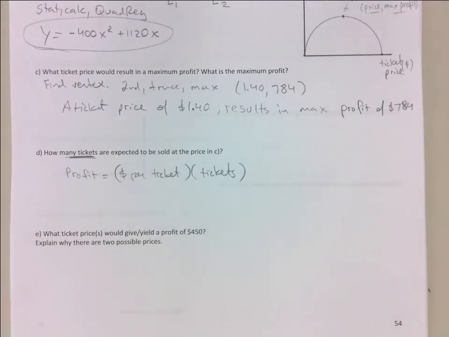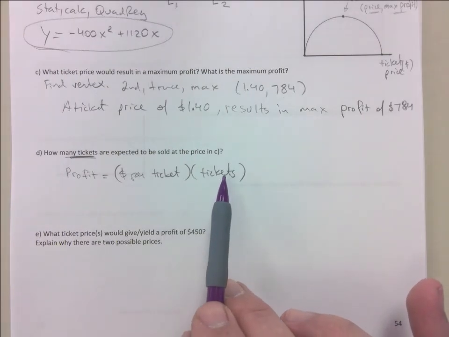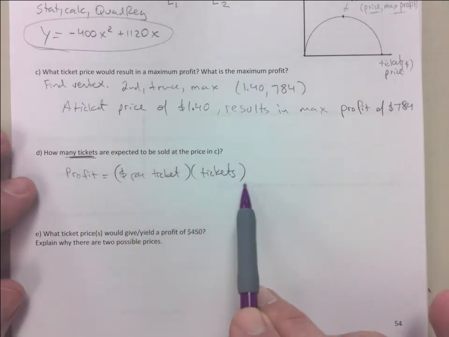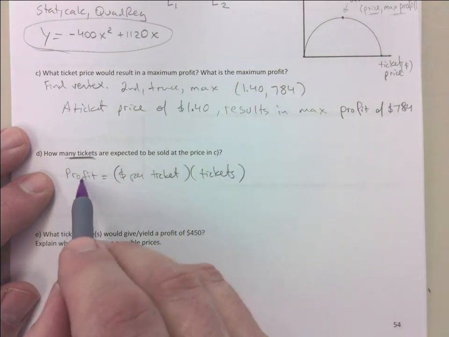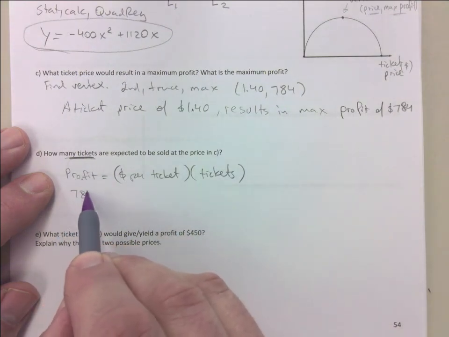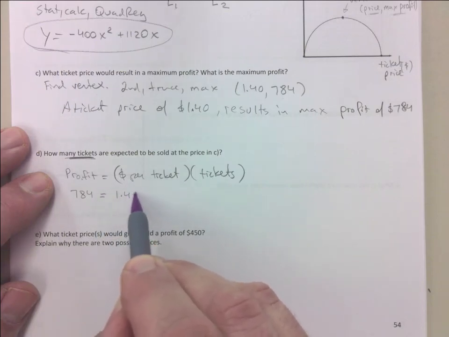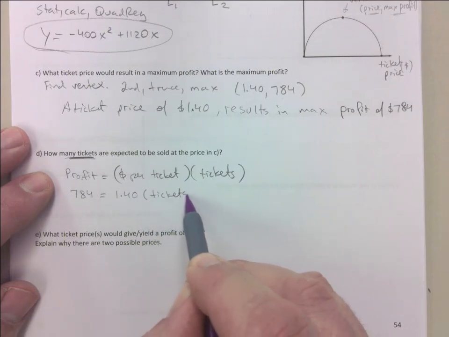Because our quadratic equation doesn't have the number of tickets, guys. It doesn't. So I'm going back to this formula. We have a specific point here. We know that when the profit is $784, the price per ticket is $1.40, and we're going to have to multiply that by tickets.